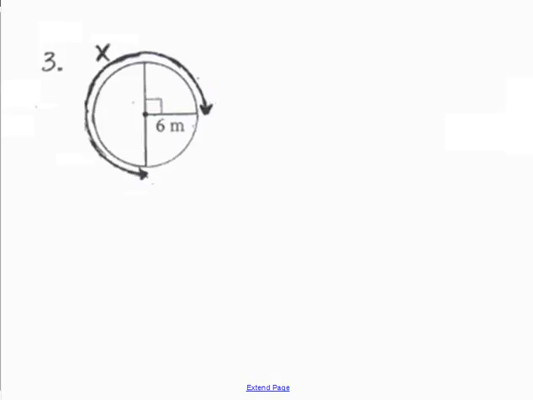The last one. Okay, so now I want x, and it's this huge thing. But I see this 90 degrees here. Well, if that's 90 degrees, this has to be 90 degrees too, because it's on the diameter. So that's 360 minus 90 equals 270. So this right here is 270 degrees.